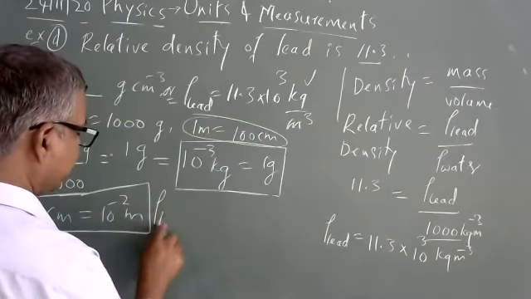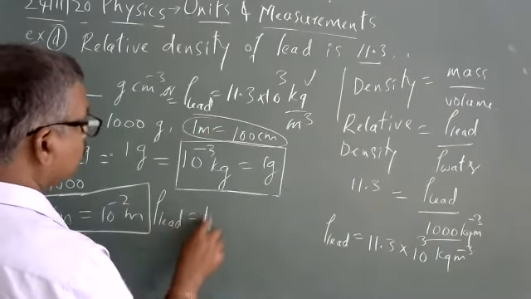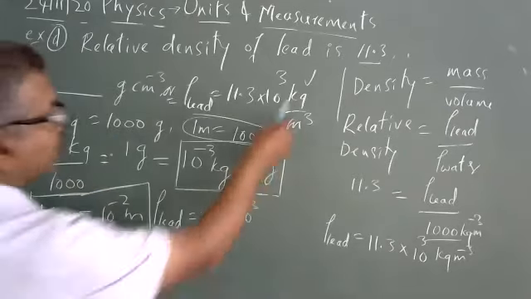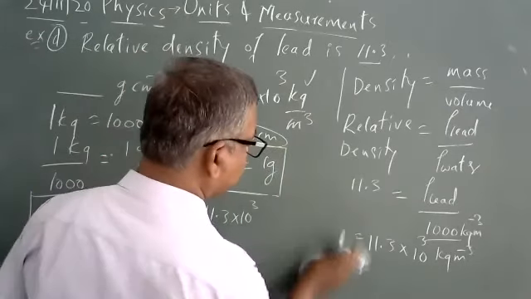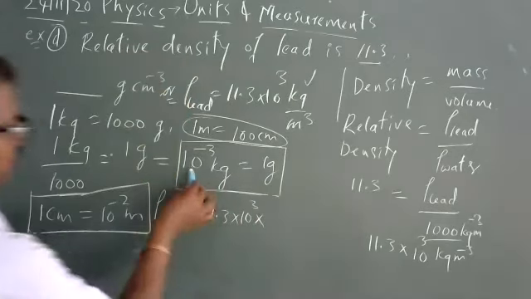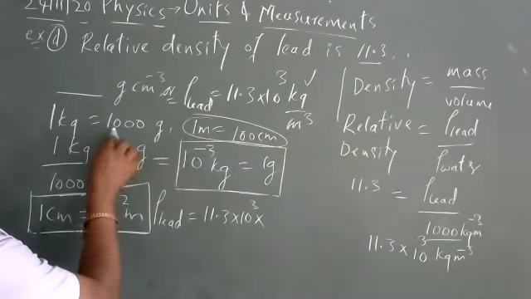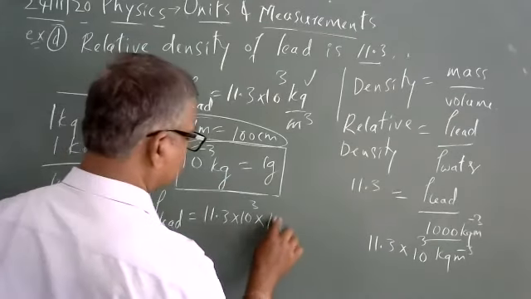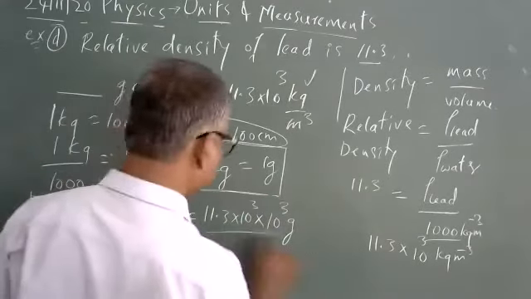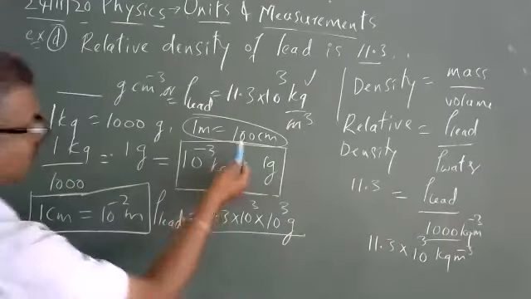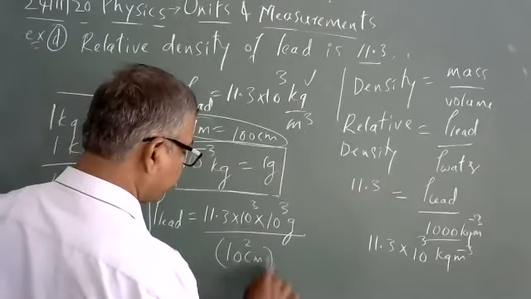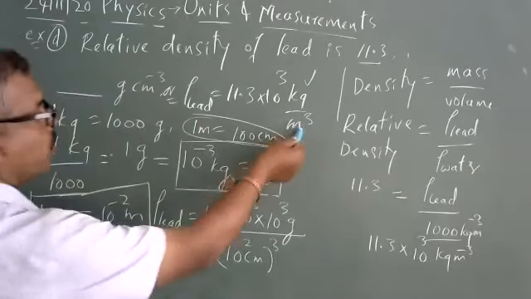Now density of lead is equal to 11.3 into 10 raised to plus 3. You have a kilo, so let me write it here. Kilo means 1 kilo equal to 1000 grams. Then per meter, 1 meter equal to 100 centimeter. You write 100 means 10 raised to plus 2 centimeter, cubed because it is in the denominator.